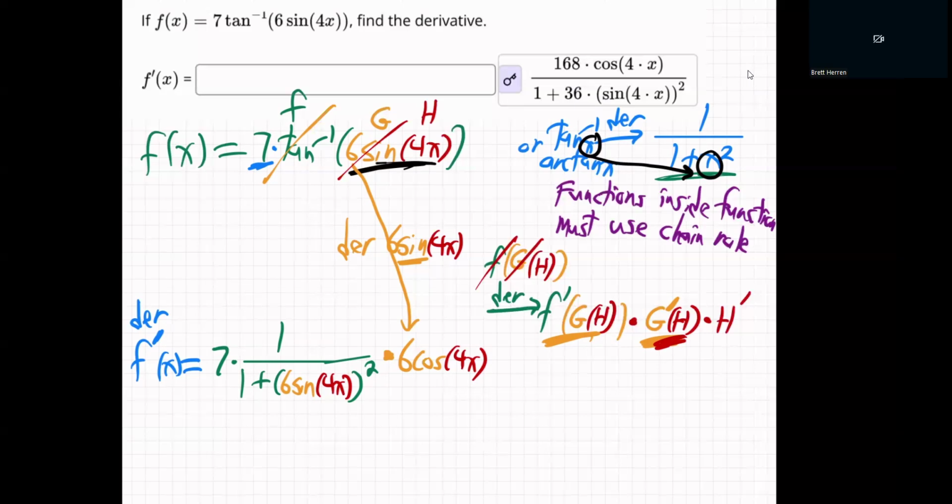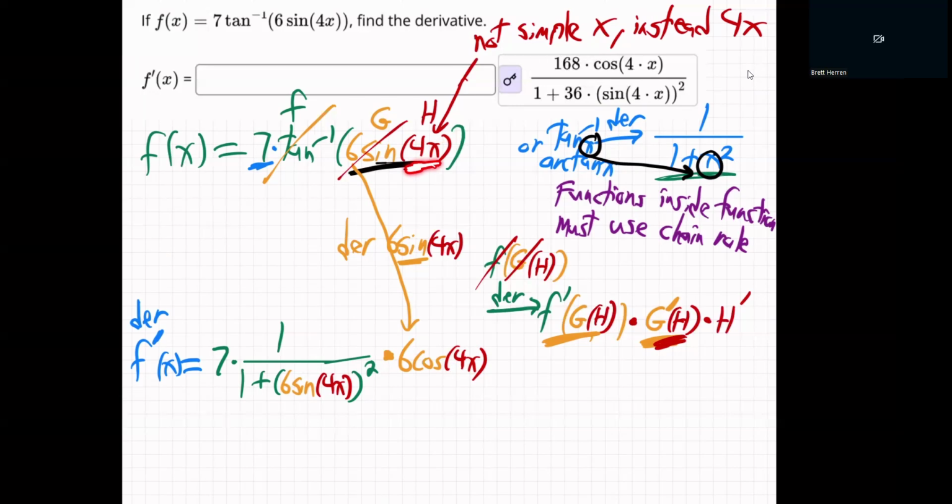Last layer. Again, you might wonder, why aren't we just done right there? Well, because the inside function is not a simple x. Let me highlight that. Not a simple x. Instead, it's 4x. If this had just been a simple x, then I'd be done. I would just say cosine x, done. But if the inside of anything is not a simple x, you've got to do the next link in the chain.